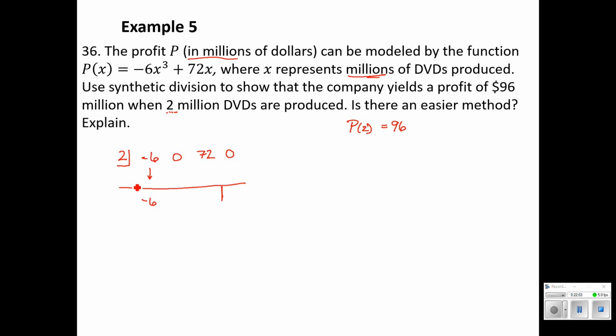We'll drop down that -6, multiply by what's in the box, add down that column, multiply by what's in the box, add down that column, multiply by what's in the box, and add down that column. Hey, our remainder ended up being 96, just like what we were trying to show.